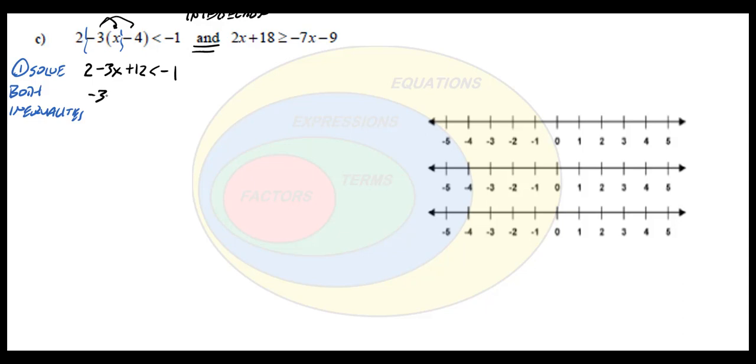We'd end up with -3x plus 14 is less than -1. So isolating the variable term, we'll attach a -14, and we get -3x is less than -15. And then isolating the variable, we want to divide both sides by -3 or attach that -1/3 to both sides.